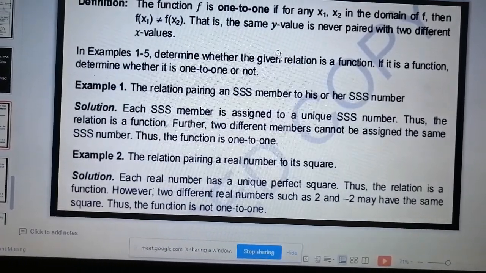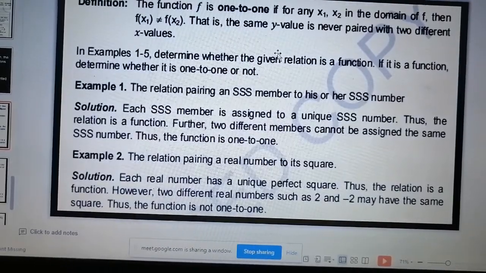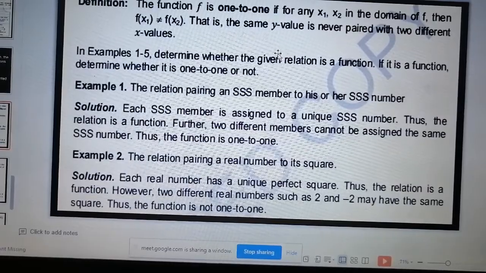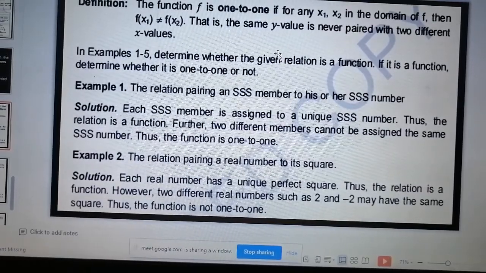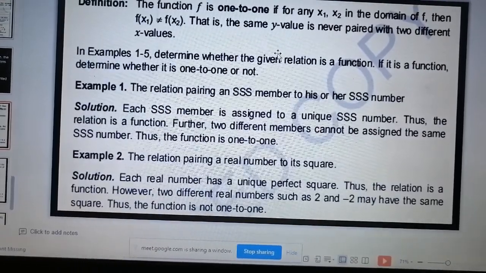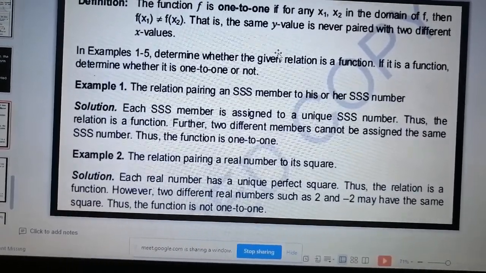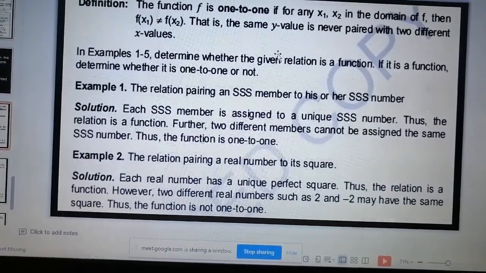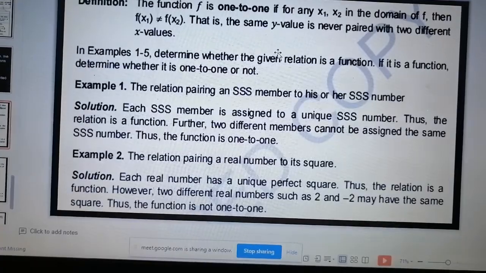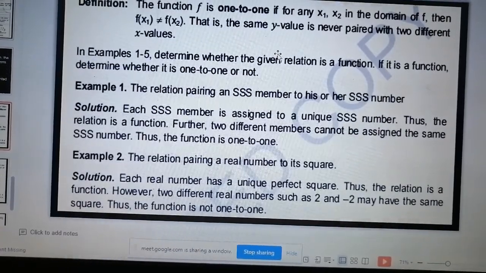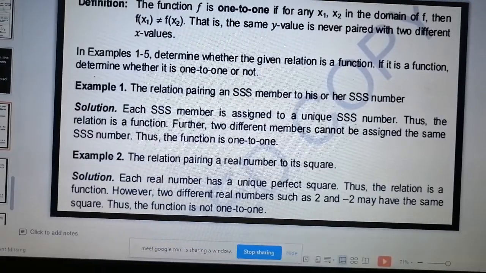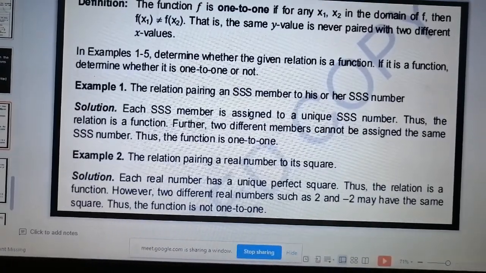Katulad ng what is the perfect square of 25? 5. Okay? What is the perfect square of 81? 9. So, meron silang uniqueness. Ang mga perfect square, kaya hindi sila pwedeng magkapare-pareho.